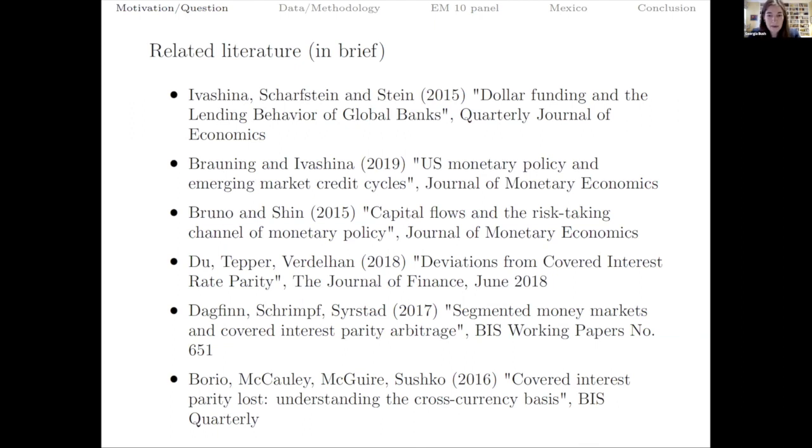And then the last few papers, and there are more empirical studies out there, are trying to address the broader question of what's driving CIP deviations. And they include arguments like the post-global financial crisis regulatory regime. As we know, there's been a big regime shift in how banks are regulated, and this could be affecting their capacity or the incentives for them to participate in arbitrage.